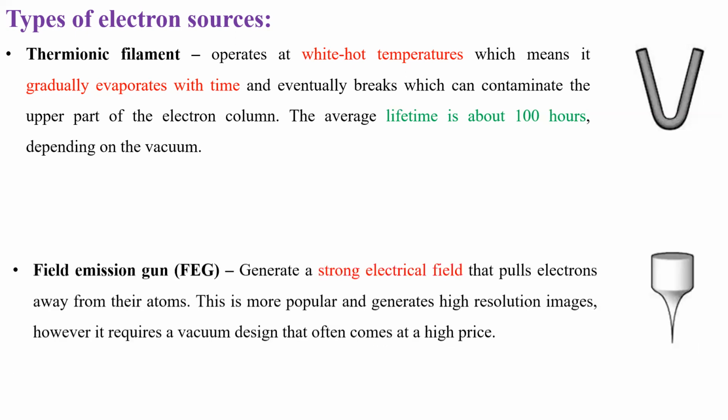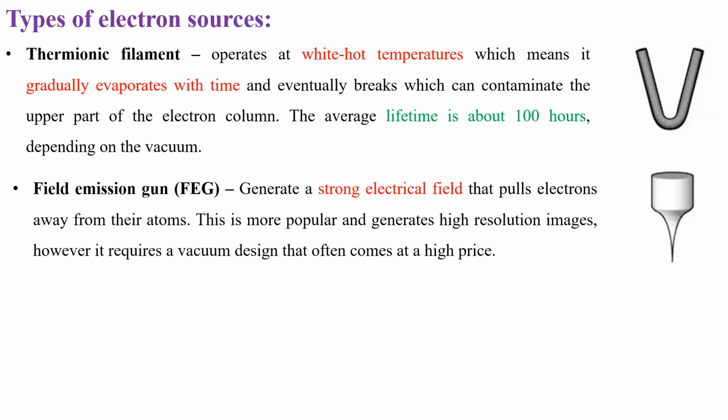This thermionic electron filament is also called a tungsten filament gun. Next is the field emission gun, which is pin-shaped and generates a strong electrical field that pulls electrons away from their atoms. This is more popular and generates high resolution images. However, it requires a vacuum design that often comes at high cost.